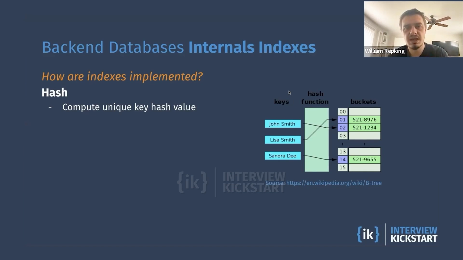And so you hash the key using a hash function. What a hash function is supposed to do is take an input value, apply a function to it, and the output should be a uniformly distributed value.